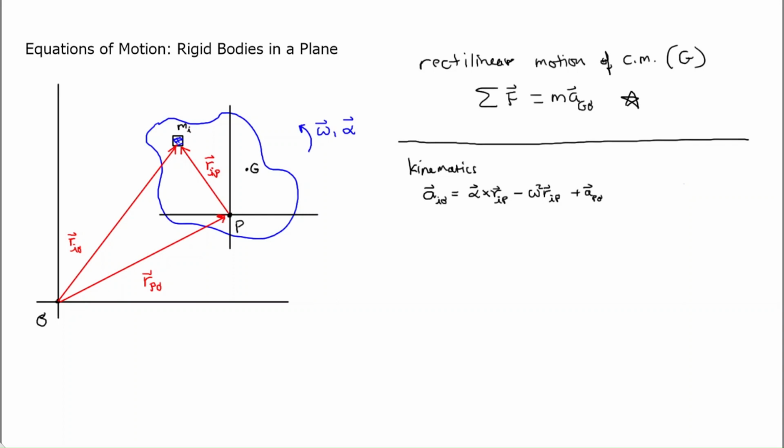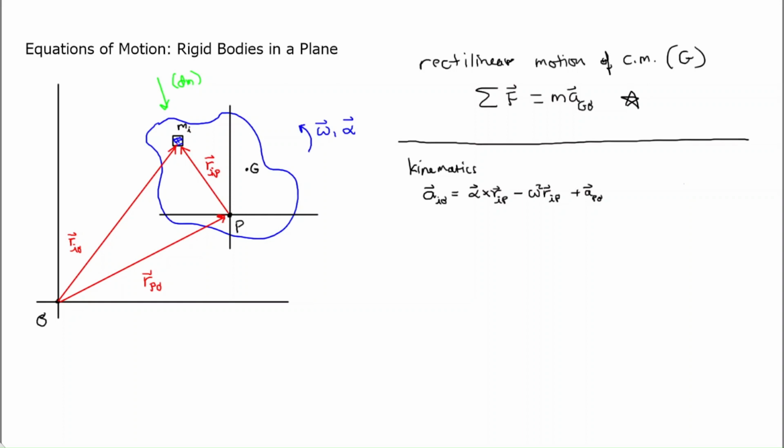Okay. To start with, let's see if we can figure out the force on some little mass element in this rigid body. I'm calling it m sub i. Later we're going to suppose that it is infinitesimal, so it's going to become dm.